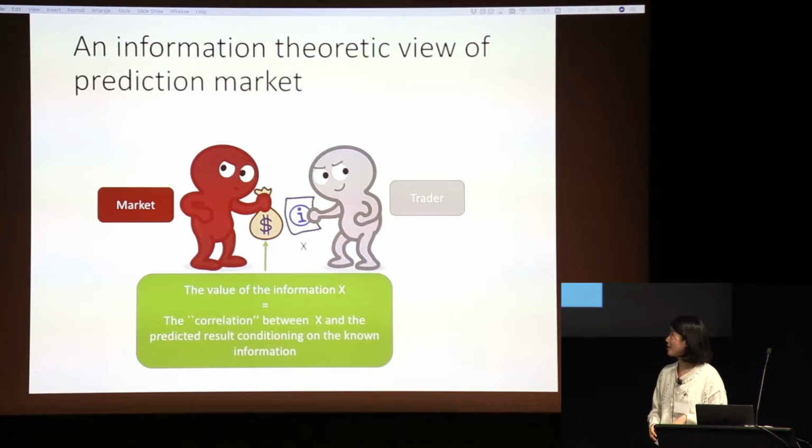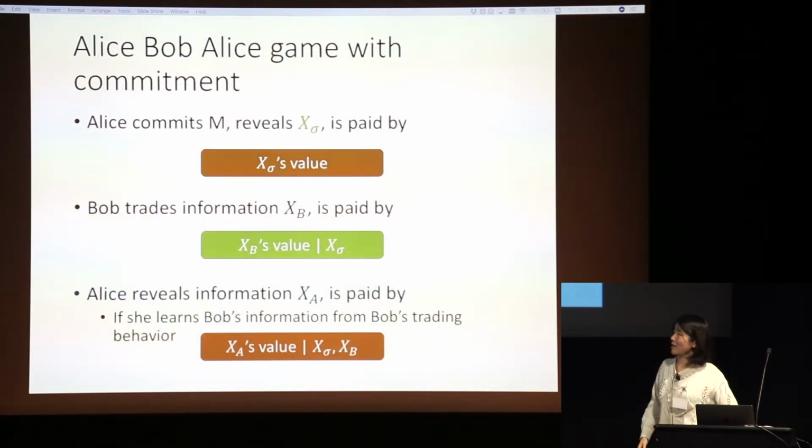And you can also understand it as the correlation between the information and the predicted result, conditioning on the known information. And still, if they are independent, the correlation is going to be 0. If they are highly correlated, then the information X is very valuable. Okay. And then let's go back to the Alice scheme with commitment.